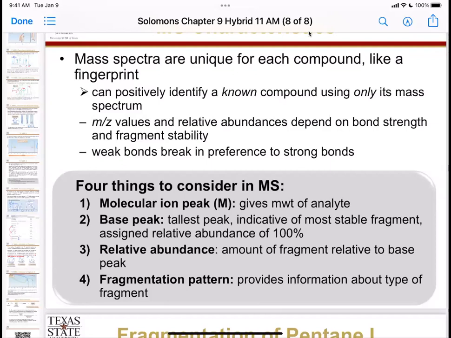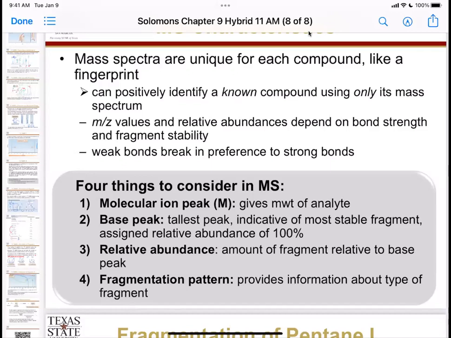The next thing we want to look at is relative abundance. The different fragments you have are going to be there. Sometimes you'll have a very large parent ion peak or molecular ion peak, and that's because the molecule is very stable. But the base peak is always going to be the largest peak. Then you're going to have other fragments.